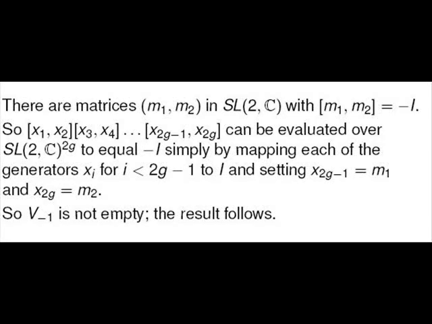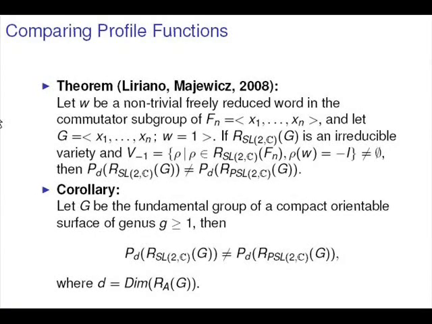So then you know right away that the algebraic variety is non-empty. So the theorem that I cited initially, of Majovic and myself, kicks in, and you can conclude that the profile function for an orientable surface group over SL2 complex is different from the profile function for an orientable surface group over PSL2 complex.